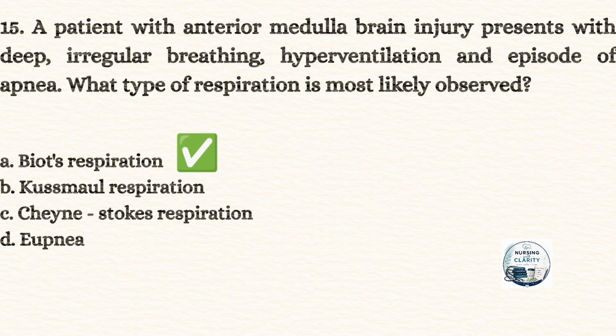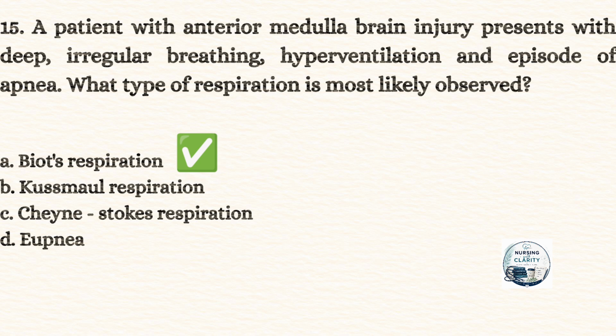Biot respiration. Biot respiration is characterized by irregular breathing patterns with variable depth and periods of apnea, typically associated with damage to the medulla oblongata, especially the anterior region. This pattern reflects a disruption of the brainstem's respiratory centers, leading to uncoordinated respiratory effort.